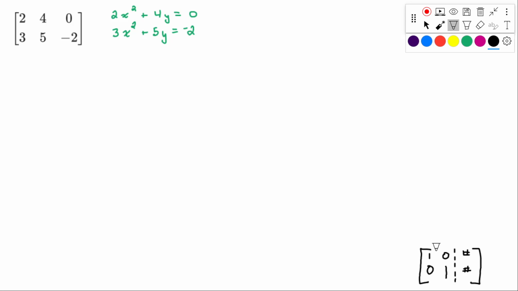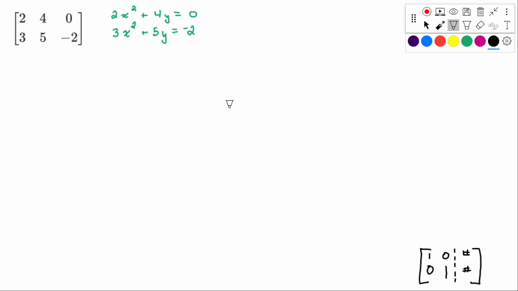So this is where we want to end up with a 1 0 0 1 format in the left two columns of our matrix, and we'll have numbers that could be 1 and 0, but they don't have to be 1 and 0. In fact, they most likely won't be 1 and 0.